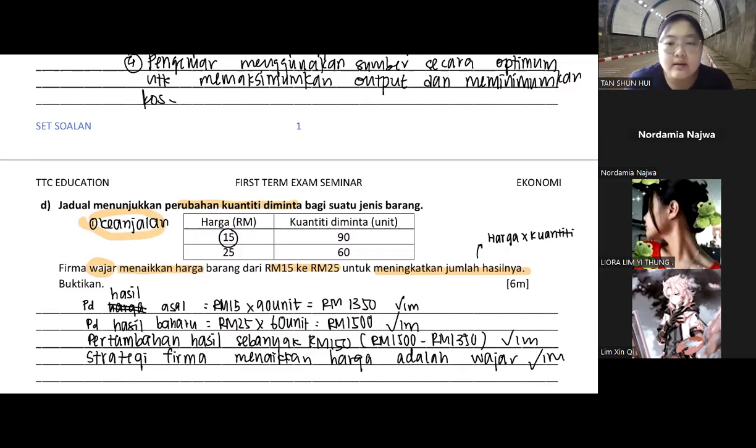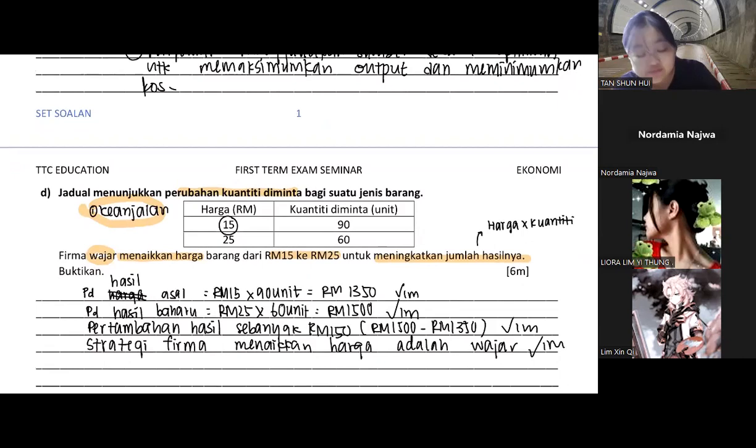Then how about keanjalan? You have to think like this. When you learned keanjalan permintaan, you learned that when the answer is more than 1, it is anjal, and when the answer is less than 1, it is tidak anjal. Just in case, because I see most of you didn't relate to keanjalan: you have keanjalan permintaan and keanjalan penawaran.